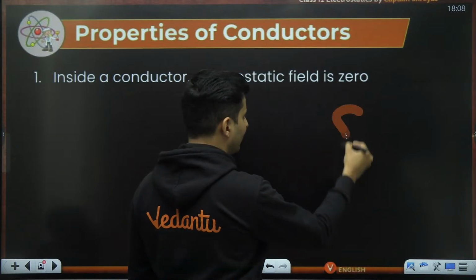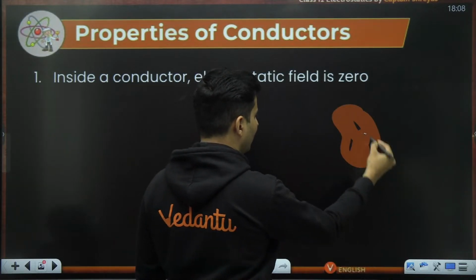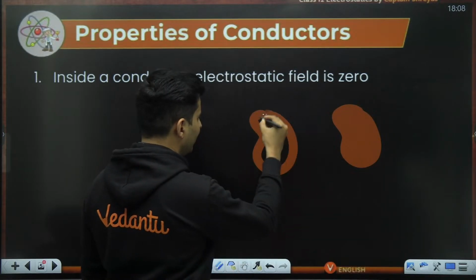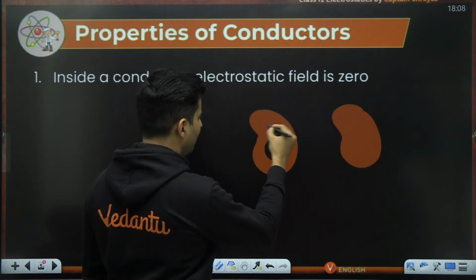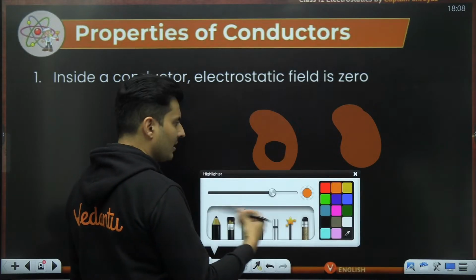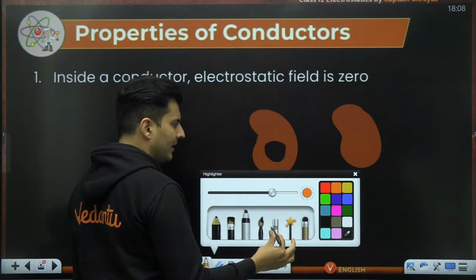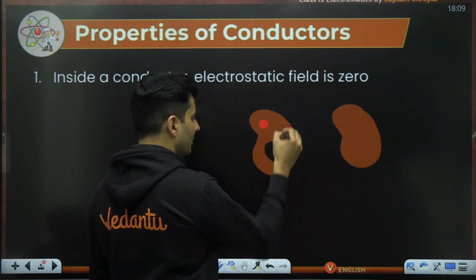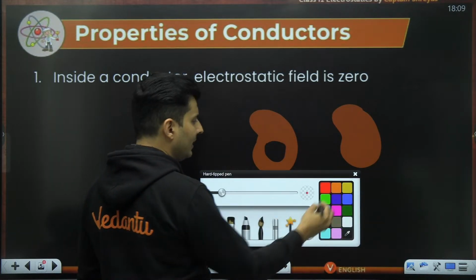So if you take a conductor like this, or even a conductor with some cavity. Cavity means there is some hole, some vacuum kind of thing, something which is empty. Doesn't matter. No matter where you go, everywhere the electric field is zero.